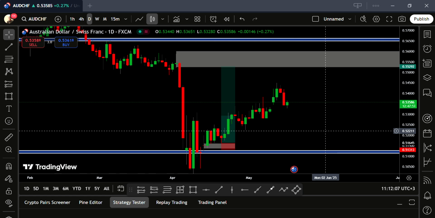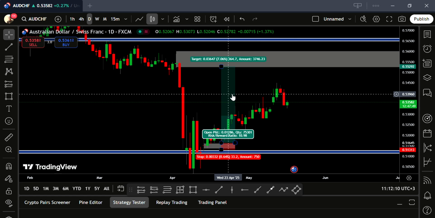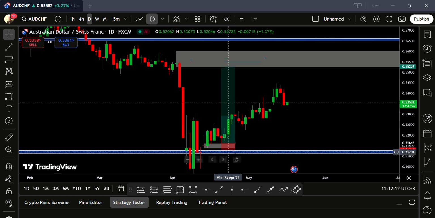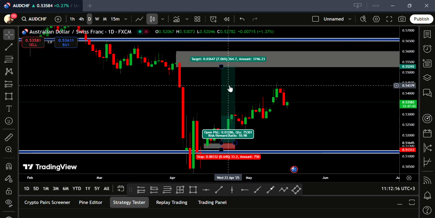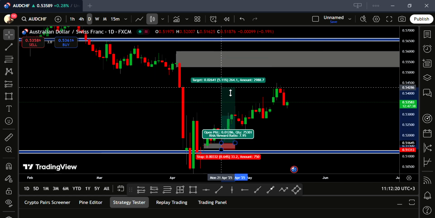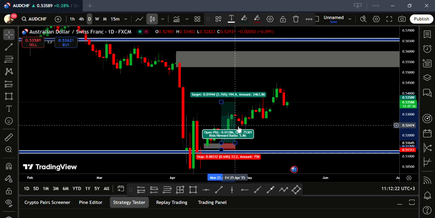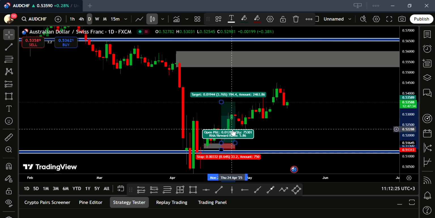That means in this one win here that we have here, you're risking $300 to get $3,000. That is a 10 to 1 risk to reward ratio, and it is possible. If you think it is not possible, right now where price is, you already got 5 to 1 risk to reward. That means you need to lose 5 more trades in order for you to be in a drawdown.